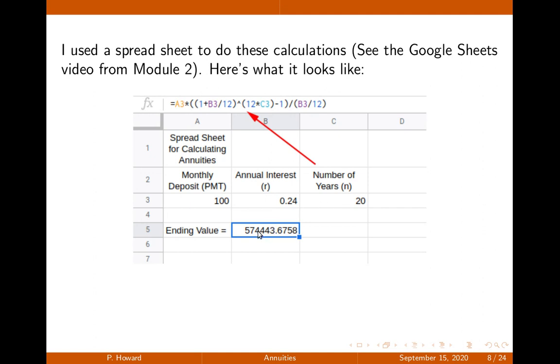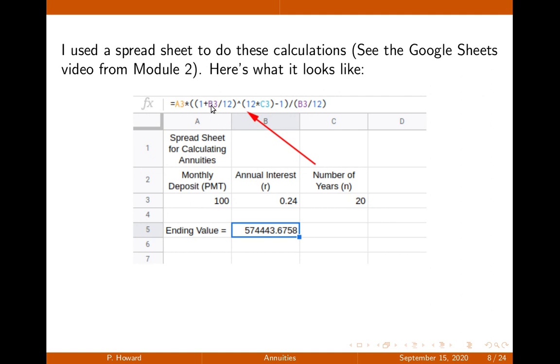And then in cell B5, which is the cell I was in when this screenshot was taken, is the formula for annuities. This box contains the formula for annuities. I have A3 instead of PMT because the payment occurs in cell A3.